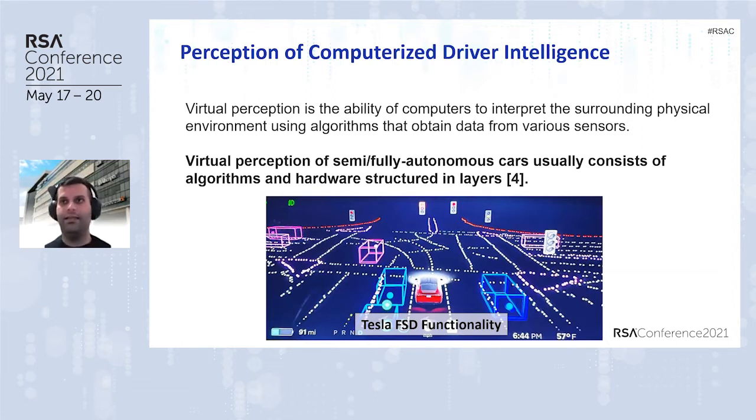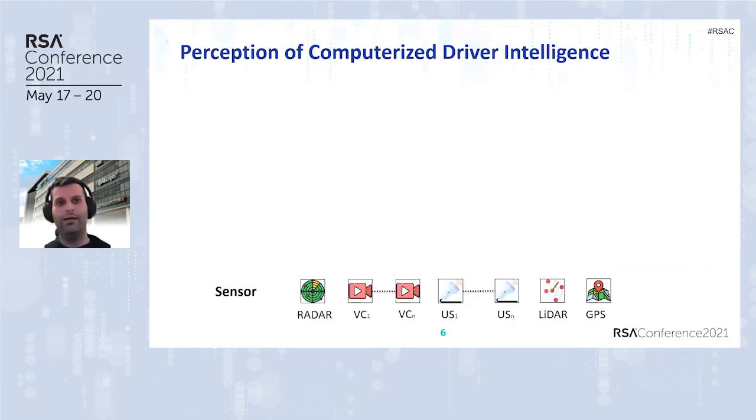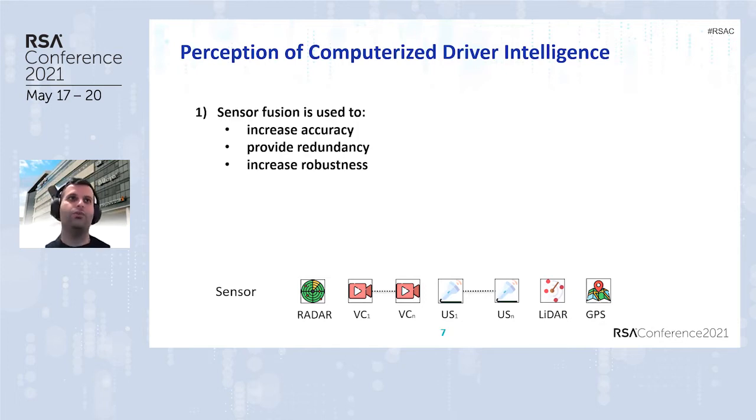The lowest layer is the layer of the sensors. Sensors are radar, video cameras, ultrasonic sensors, LiDARs, and GPS sensors. On top of this layer, sensor fusion is the approach most commonly used by the car industry, because it is used to increase accuracy, provide redundancy, and increase the overall robustness of the semi or fully autonomous car.